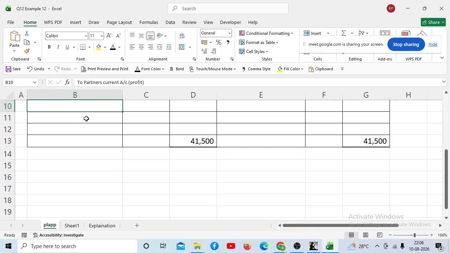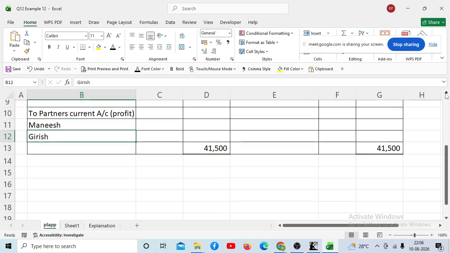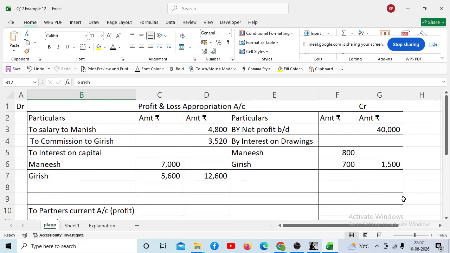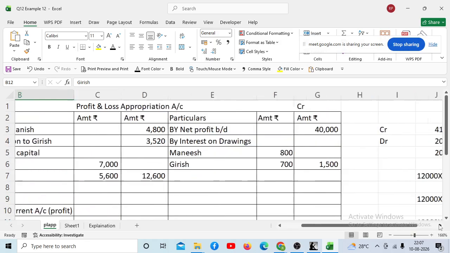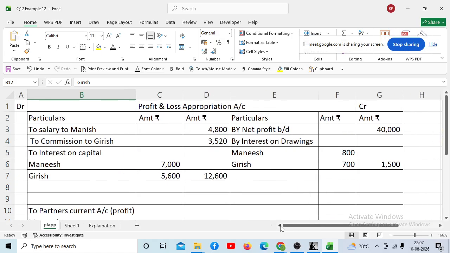That will be transferred to the partners' current account. Why? Because they are telling that the capital account is fixed. So the profit will be transferred to the current account. And who are the partners? Manish and Girish. The profit amount I had calculated over here is 20,580.